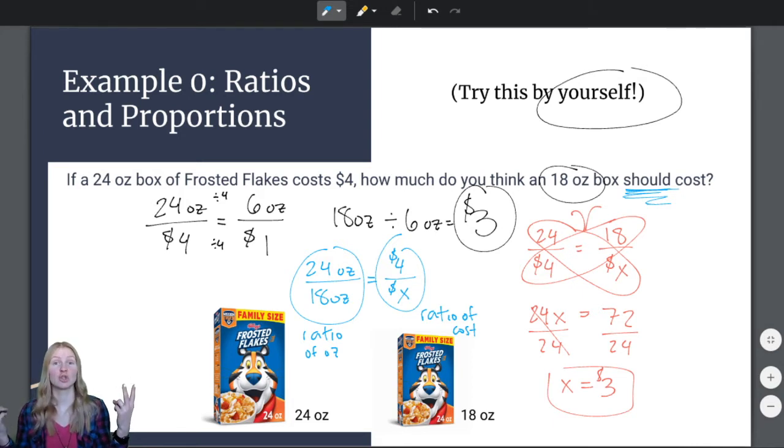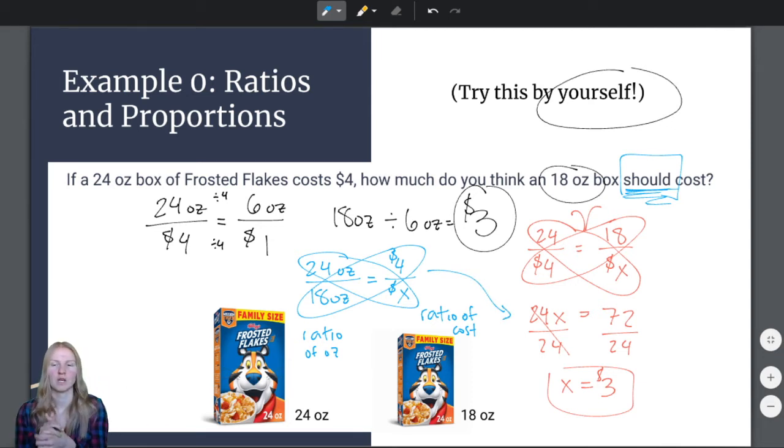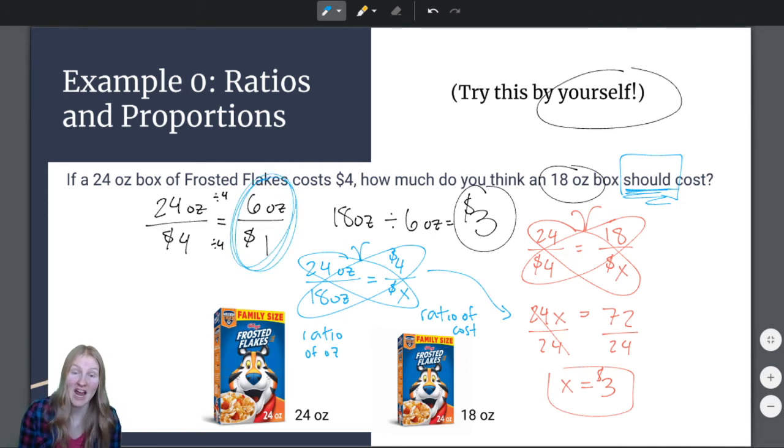And when I set two ratios equal to each other, I get a proportion. So we say that the ratio of ounces should be proportional to the cost. Now that's what it should be, right? Oh, and I'm sorry, if we cross multiply here as well, we get 24x equals 72 again. So there are three ways that you can do this. Two of them involve butterflies. One of them involves a scale factor.